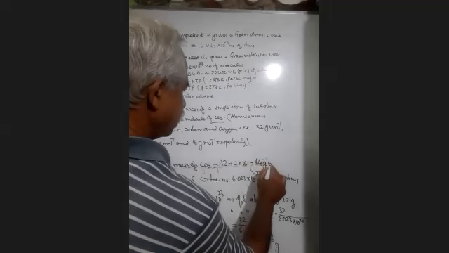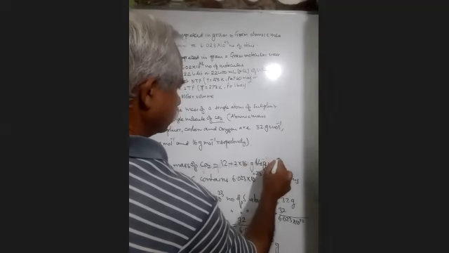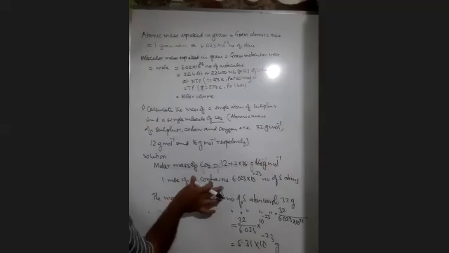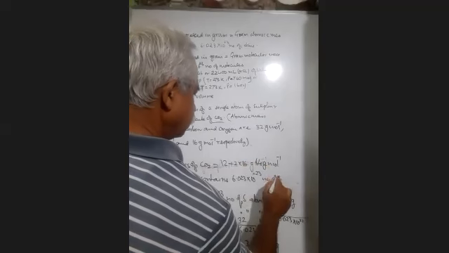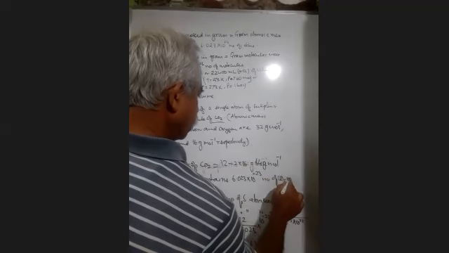So you have to write here mole inverse. Okay. So what do we write down here? 1 mole of carbon dioxide contains this many number of carbon dioxide molecules.